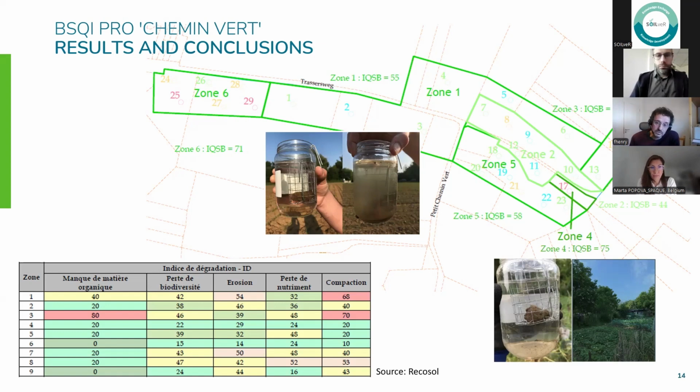What's the lesson? The issue and solution lie in farming practices. In zone 1, traditional farming with plowing. In zone 4, market gardening with agroecological practices.